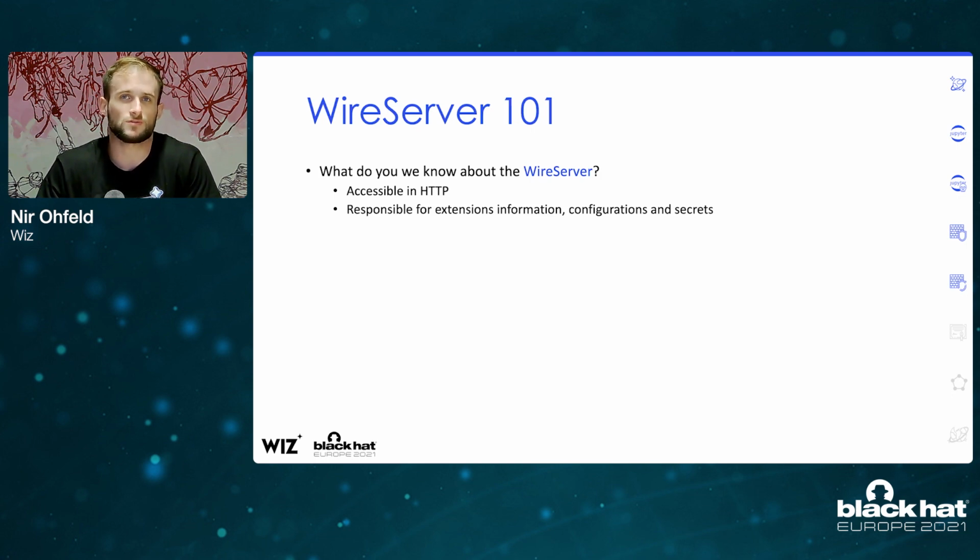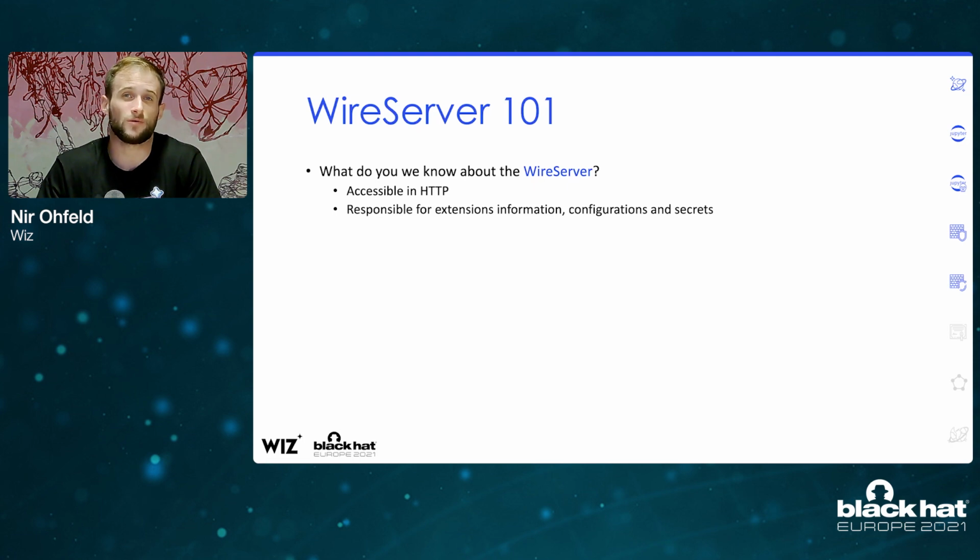When a customer chooses to install an extension via the Azure portal, the WireServer instructs the virtual machine's agent to install the extension, supplying the appropriate configuration. That configuration may even include sensitive information, and any extension information that we can extract from the WireServer will help us to better understand the underlying virtual machine and the environment we are running in.